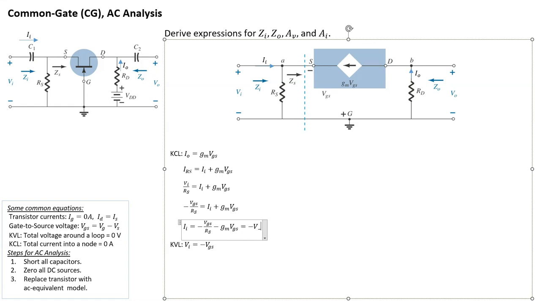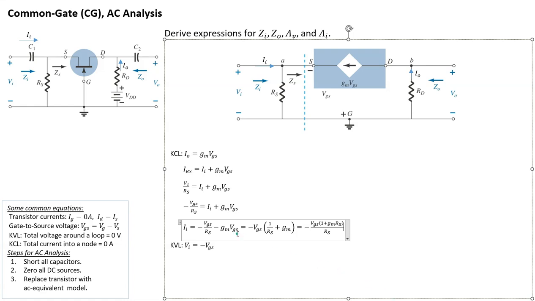So that's negative VGS, factor that out, plus GM. Or I can write it in terms of a common denominator: it's going to be 1 plus GM RS, all divided by RS. So that's the equation I'm going to use.